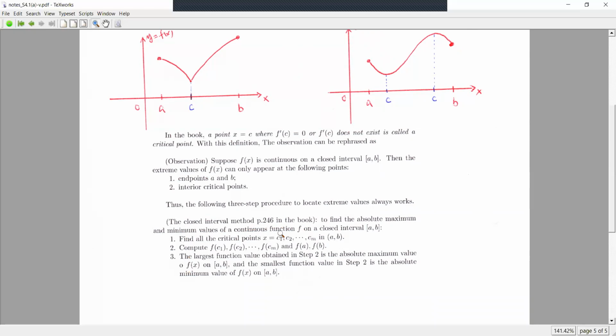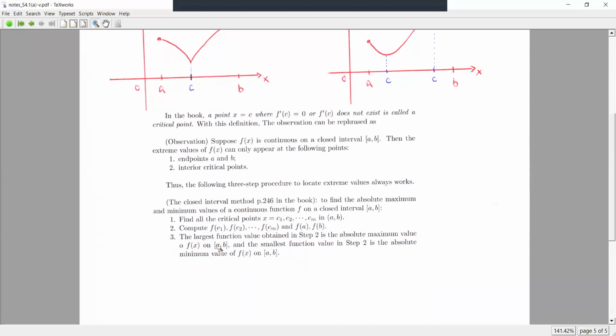Okay, now take a look at the 3 steps to find the global maximum and minimum function values of a continuous function on a closed interval. Step 1, find all the interior critical points C1, C2, up to Cm.